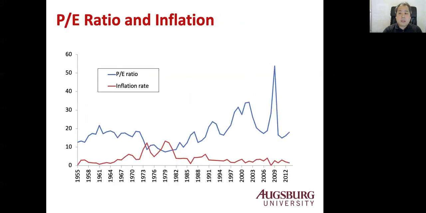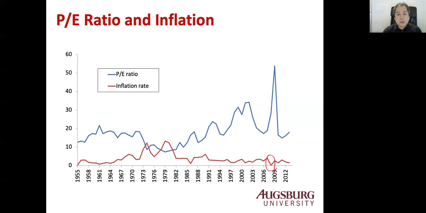This is the relation between the PE ratio and inflation, and it actually moves in opposite ways, right? Like in 2009, the PE ratio really rose, and inflation was low. So sometimes if the PE ratio is rising, that has two meanings actually.